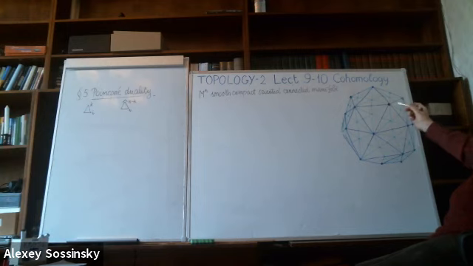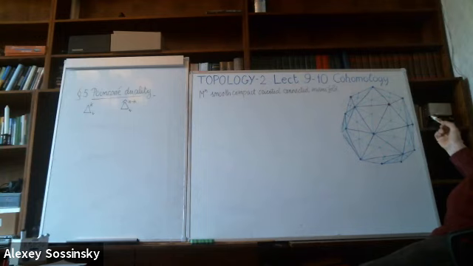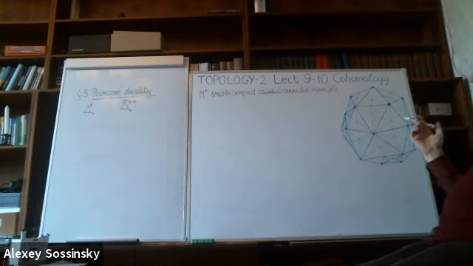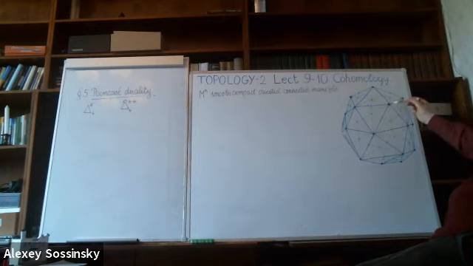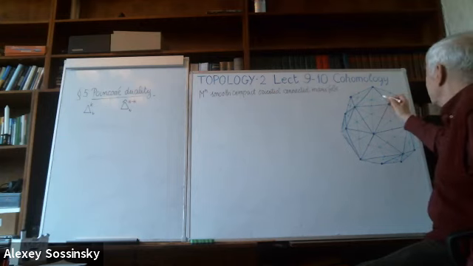It's a vertex of our original triangulation. The n-dimensional cell that we assign to it will consist, by definition, of all the simplices that have this fixed point as a vertex.